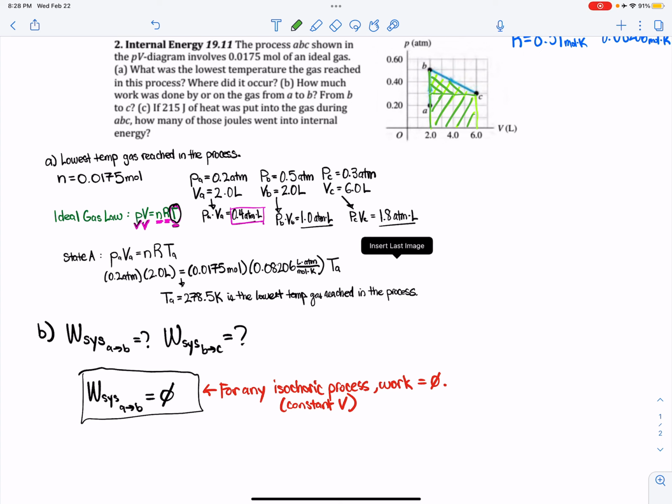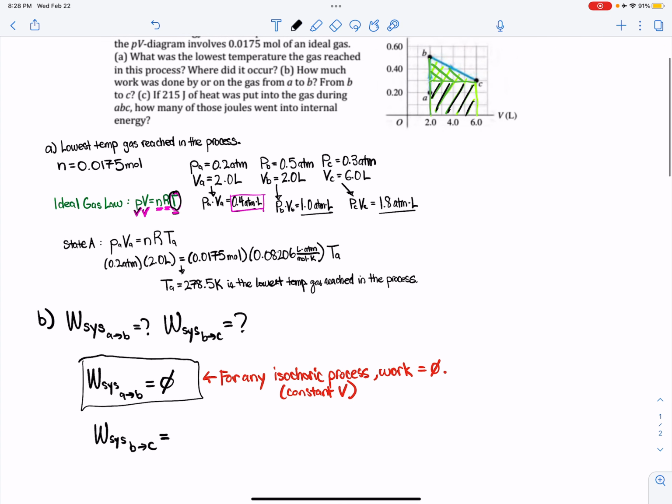So let's calculate that. Work system, and the work is positive because we go from B to C, so volume expands. Work system from B to C is equal to the area. There's two areas: the rectangle and the triangle.